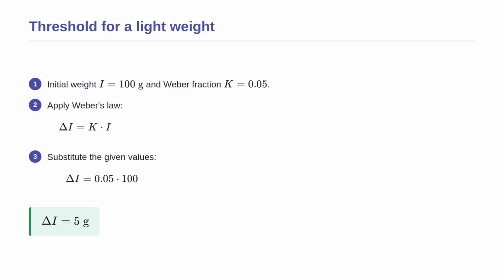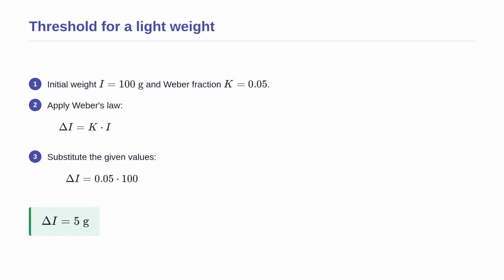With this formula in mind, let us see this with a concrete example. Suppose you are holding a light weight of 100 grams in your hand, and the Weber fraction for weight perception is 0.05. We want to find the minimum additional weight needed to notice a difference.